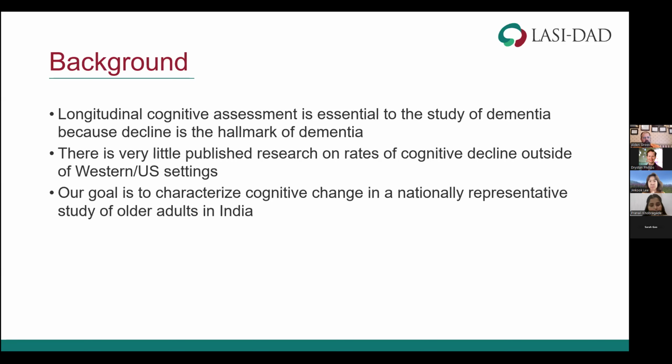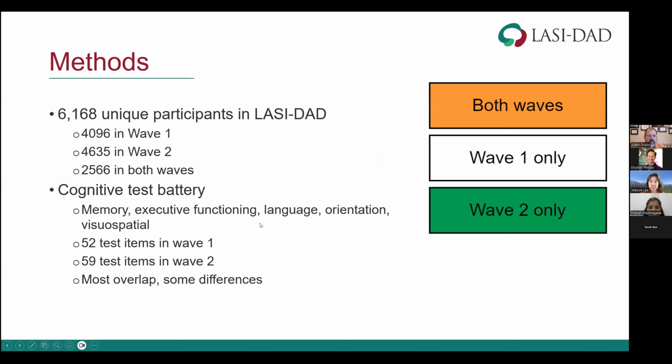There's very little research published on rates of cognitive decline and predictors thereof outside of Western settings. So our goal here is to characterize cognitive change in a nationally representative sample of older adults in India. We used the data from LASI-DAD. As Pranali just mentioned, there were 6,168 participants.